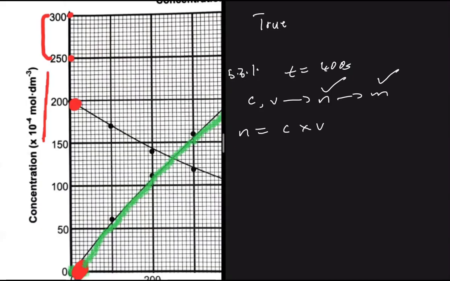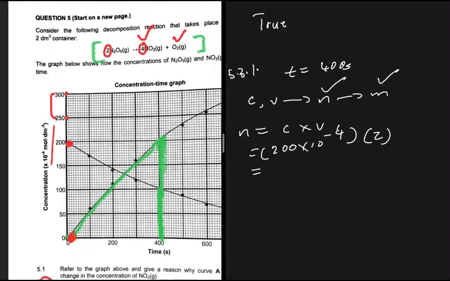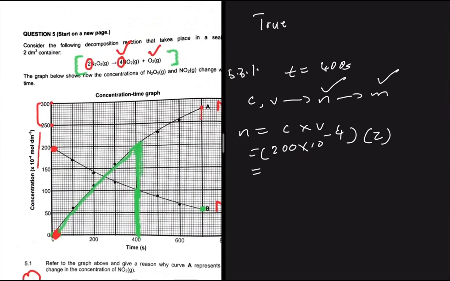So if we use 200 multiplied by 10 to the minus 4, the volume is given to us as 2 decimeter cube, right? So we're going to get 400 times 10 to the minus 4 as our number of moles. Now that we have the number of moles, we can go ahead and find the mass, right?